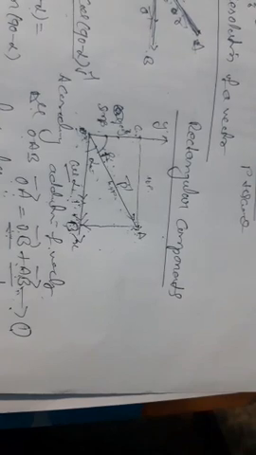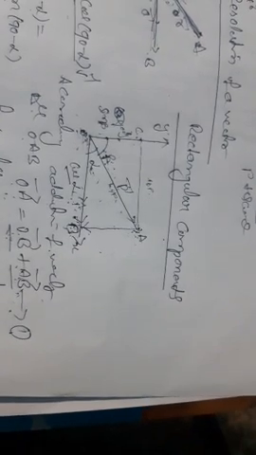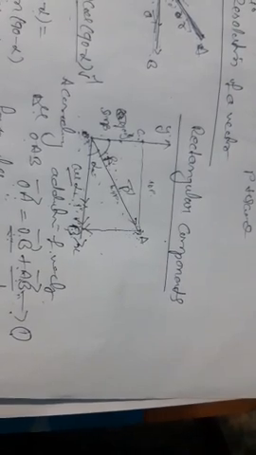What is the meaning of rectangular component? The vector is resolved into two components in mutually perpendicular directions. Those components are called rectangular components.